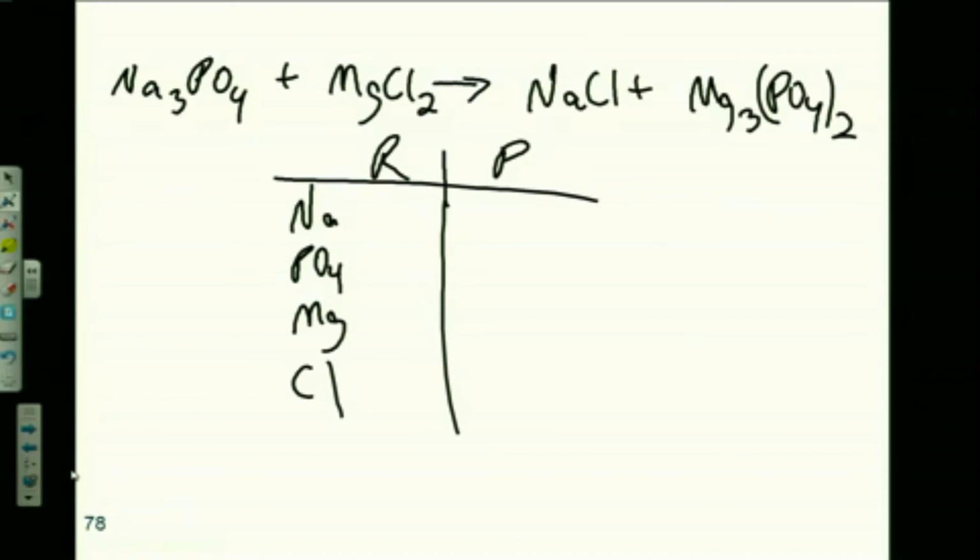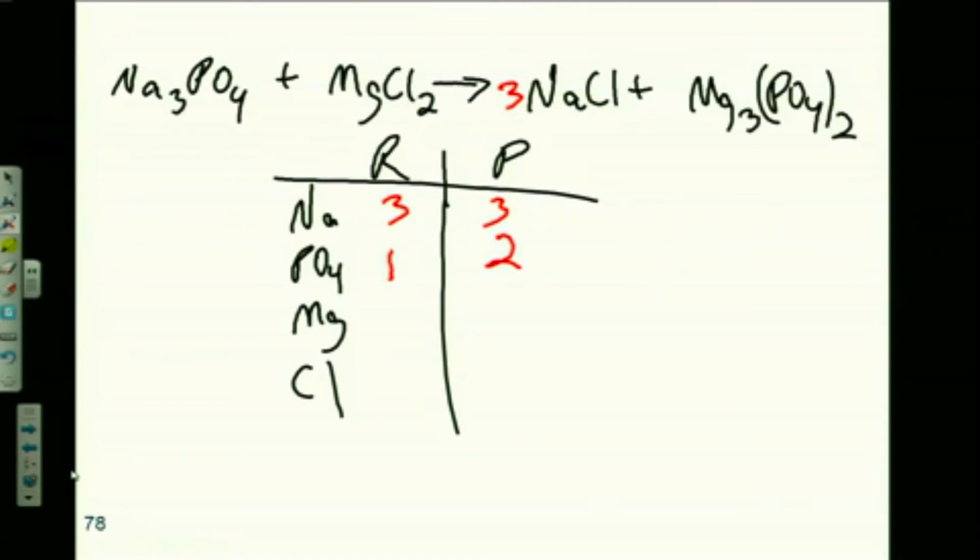Okay, we ready? How many sodiums do we have on the reactant side? 3. And on the product side, right now, how many do I have? 1. But you can put 3. So I can put a 3 here, and then I'll fix that. Phosphates. 1 here, 2 here. 2 is a subscript.